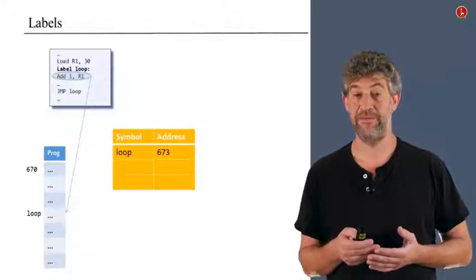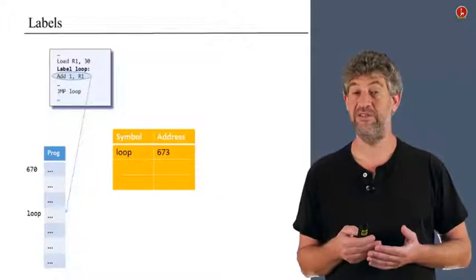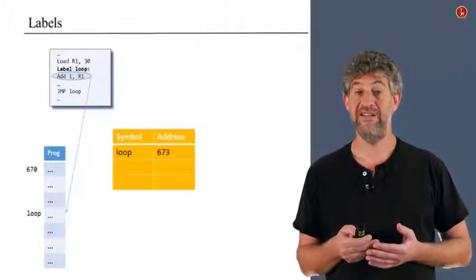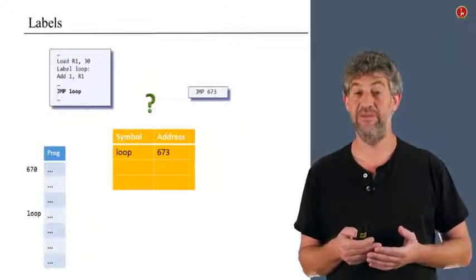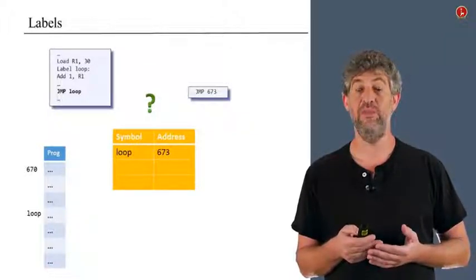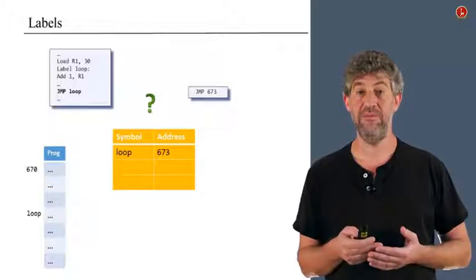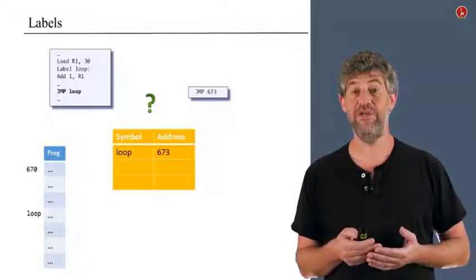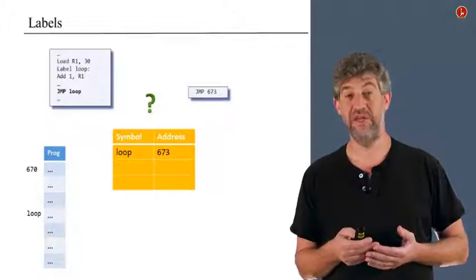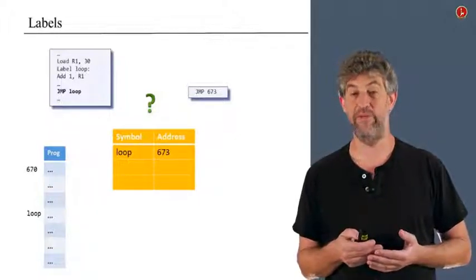And this is basically the kind of thing that it needs to do. And then when we actually get to a place that uses this label, uses this symbol, then we already know, we already have in our table what exactly is the correct address. So that's basically how information about labels is put into the table and read from it when needed.